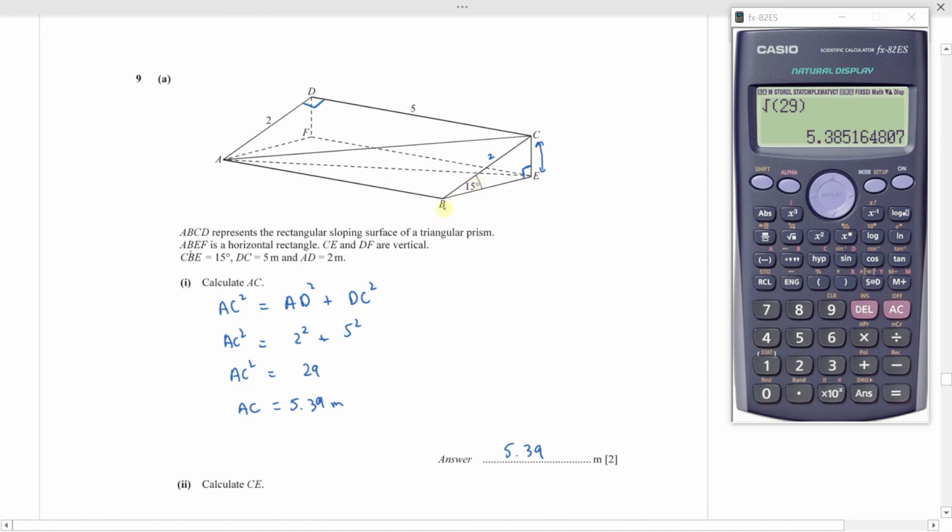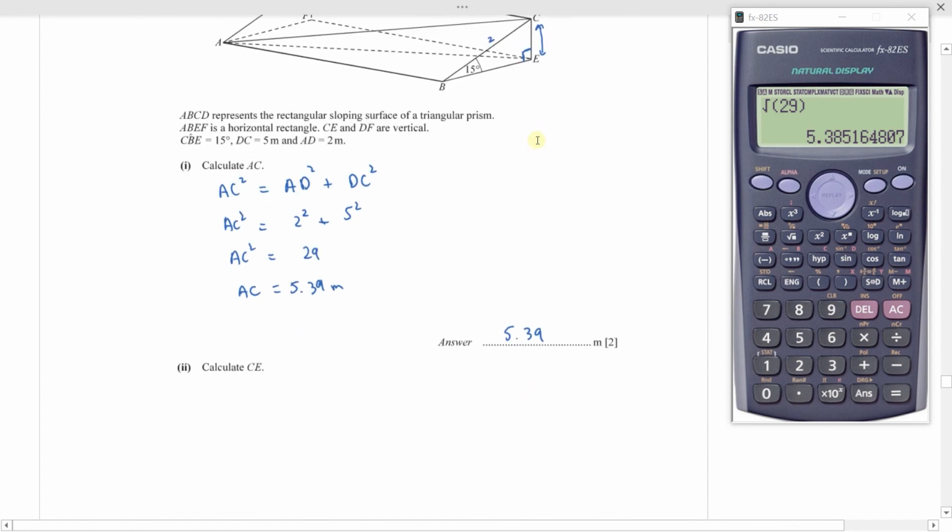So in this triangle BEC, I can use sine of 15. So sine of angle CBE will be equal to this perpendicular, which is CE, divided by the hypotenuse, which is BC. So sine of CBE is 15, CE we need to calculate, and BC is 2.